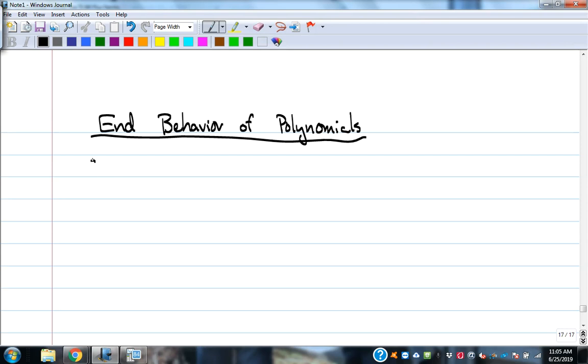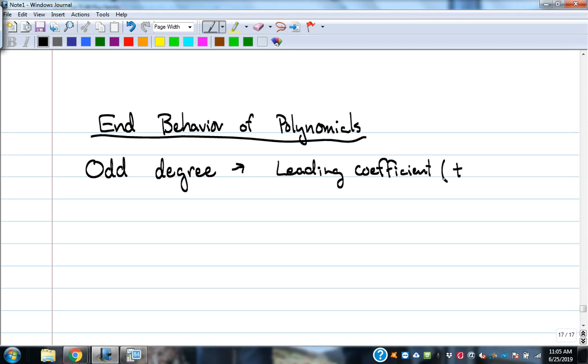If it has an odd degree, and remember, degree is the highest exponent in the problem, if it's an odd number, and the leading coefficient is positive, then it's left side down, right side up.